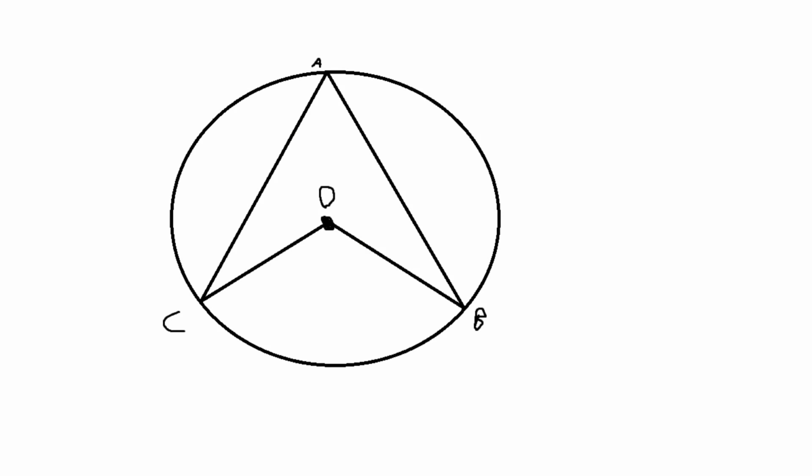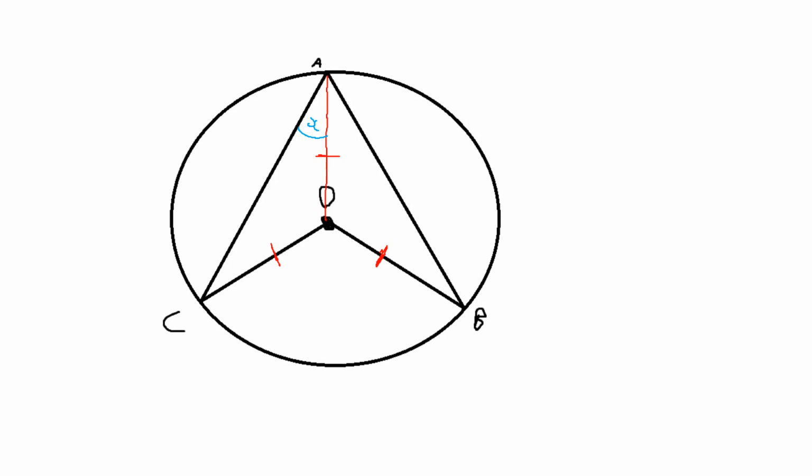Well, the first thing we can do is we can draw a radius like this, right? And remember, as I said in the last video, if this is a radius, then this is a radius, and therefore this is a radius. So now let's label this one x.